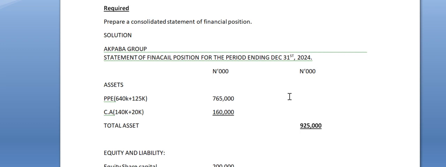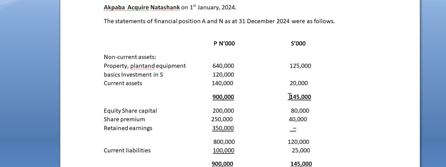Now, let's go back. Let me take you through something here. Look at it. Under non-current asset, we have investment in subsidiary, 120. Under the procedure, when I was mentioning, I said eliminate in full any investment status.